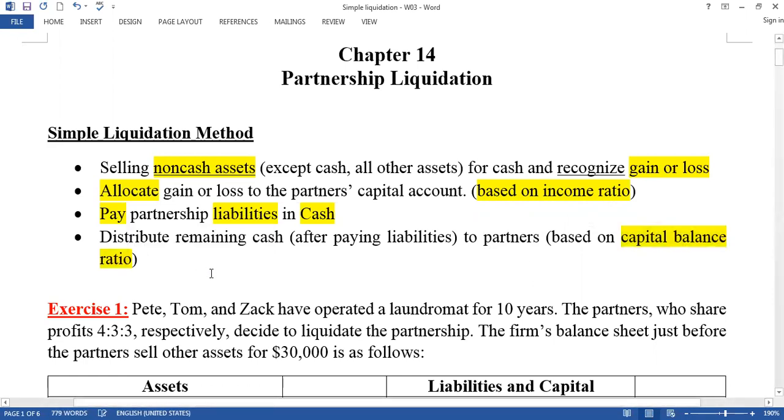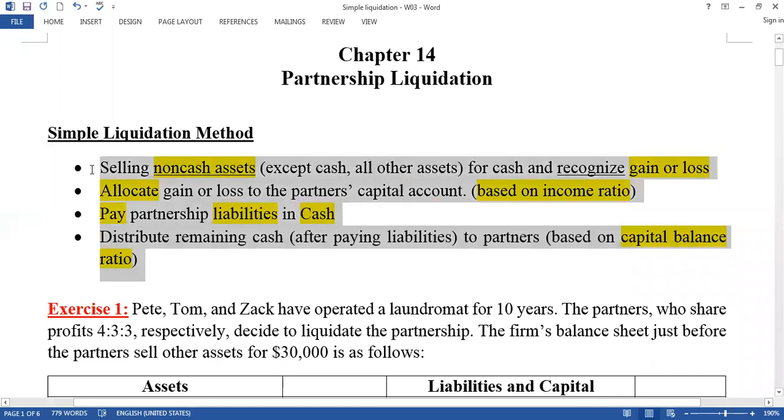That means after paying the liabilities, we have to calculate the present capital ratio, because the capital ratio is always changing. Why is it always changing? Because sometimes you have gain, sometimes you have loss, so the capital balance is changing. So after paying the liabilities, we find out the latest capital balance, and based on the latest capital balance, we pay the remaining cash.